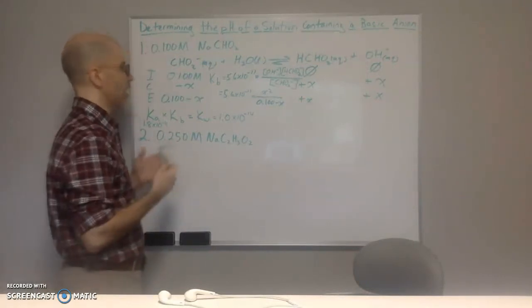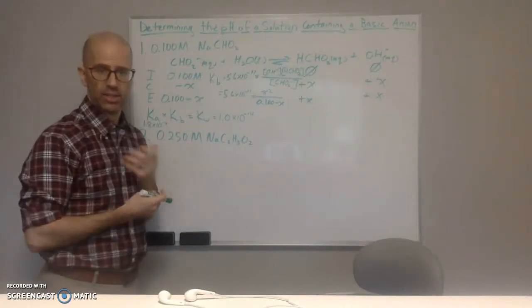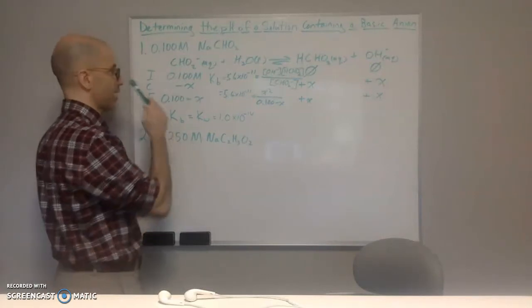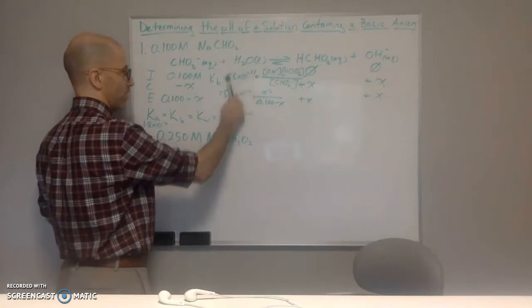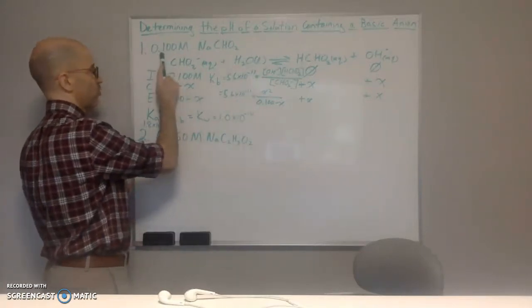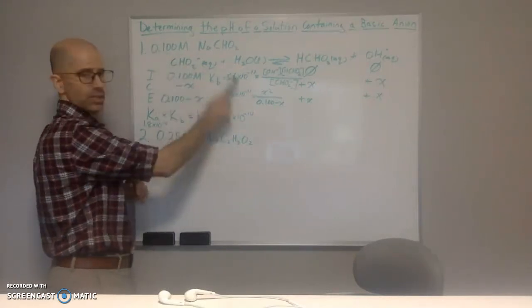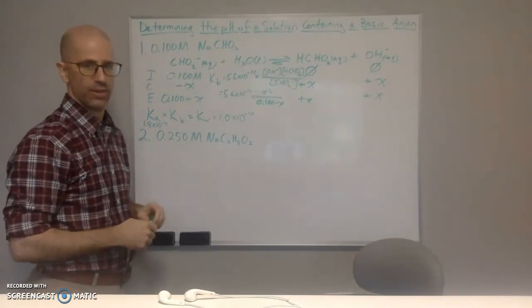So we can do that, and then we'll have to test it later to see if it's valid. If we look at the Kb value here, 10 to the negative 11, and then we look at this, 1.00 times 10 to the negative 1, that's a difference of about 10 to the 10. So that's a huge difference.